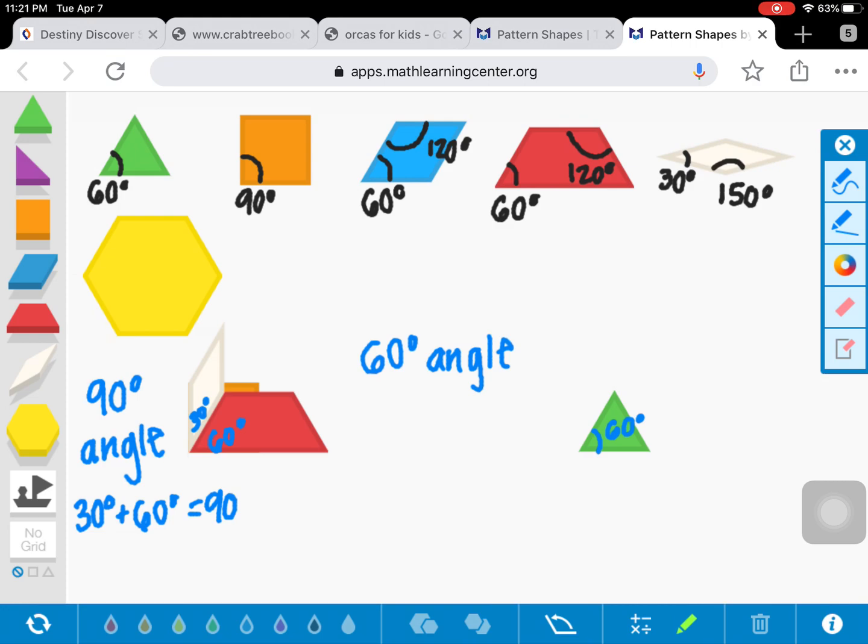I'm going to try and pull down something that I think would fit inside of the equilateral triangle that's not going to take up the whole thing. I'm going to go with my smallest shape over here, this rhombus. Now that makes part of the angle, but not enough. I think I need to add one more.